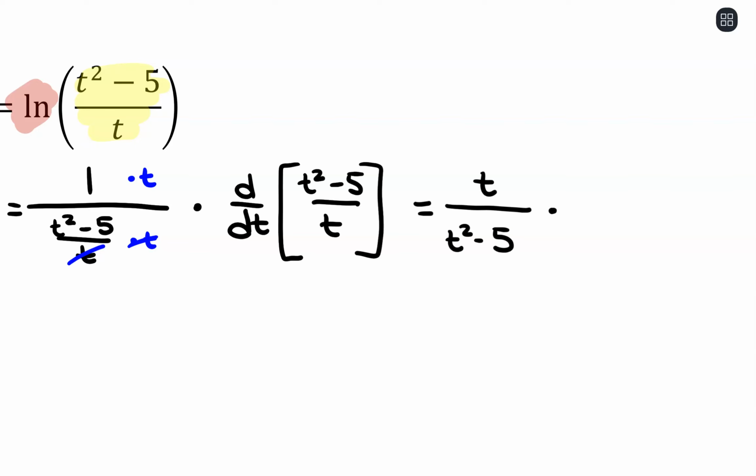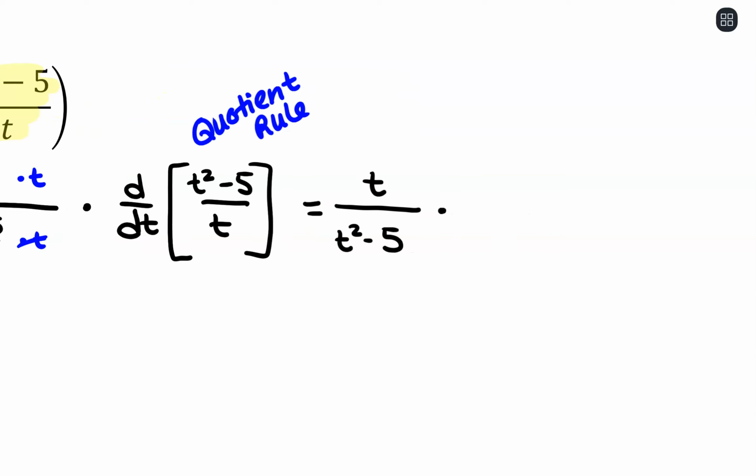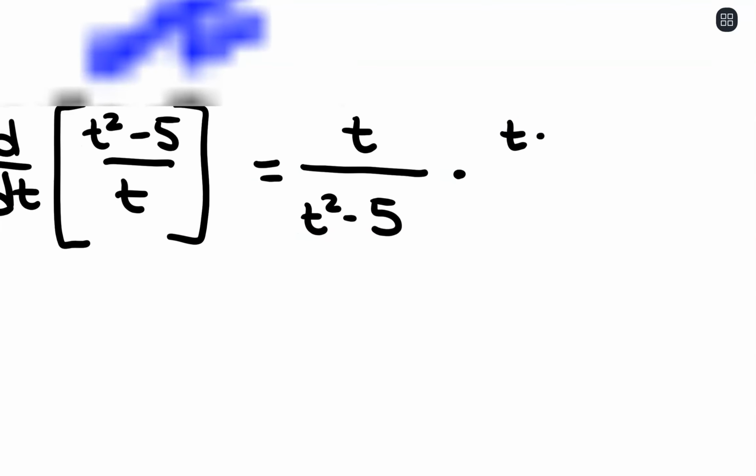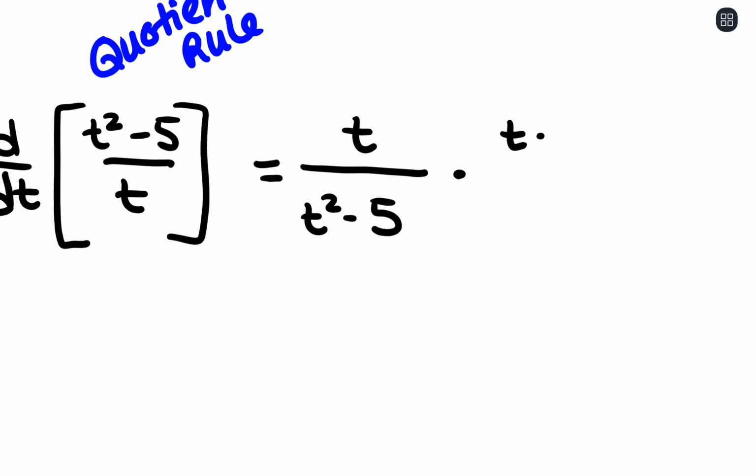And then here we are going to have the quotient rule. So taking the derivative, we are going to have low d high. So t times the derivative of t squared minus 5. You know what? These are somewhat simple values. I'm going to go ahead and just start taking the derivatives. So derivative of t squared minus 5 is just 2t.